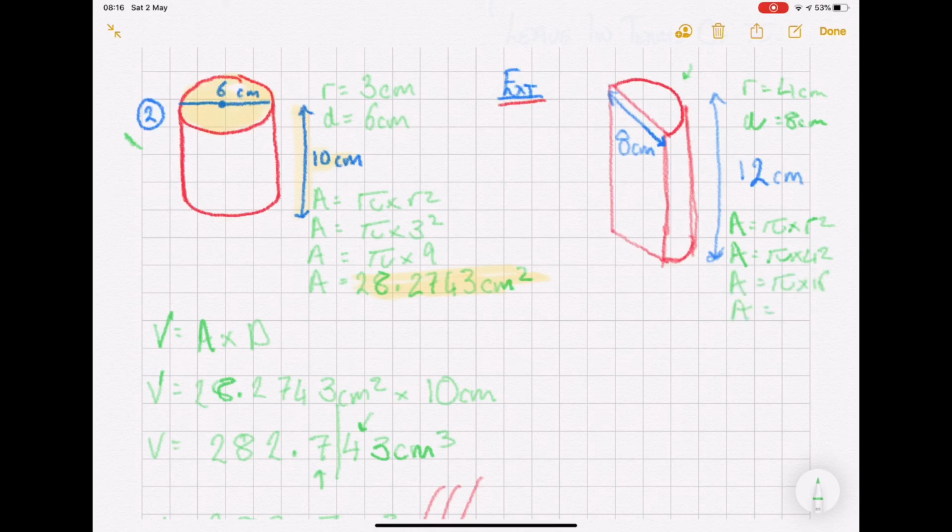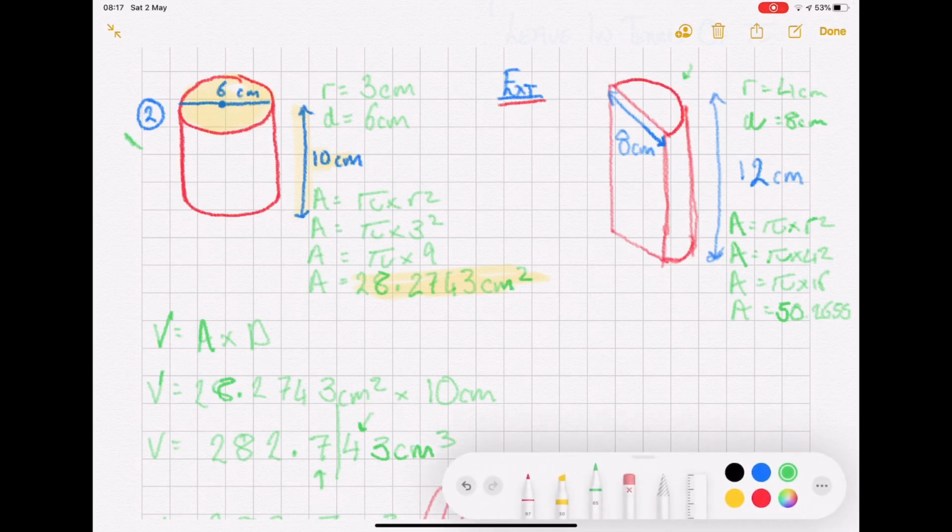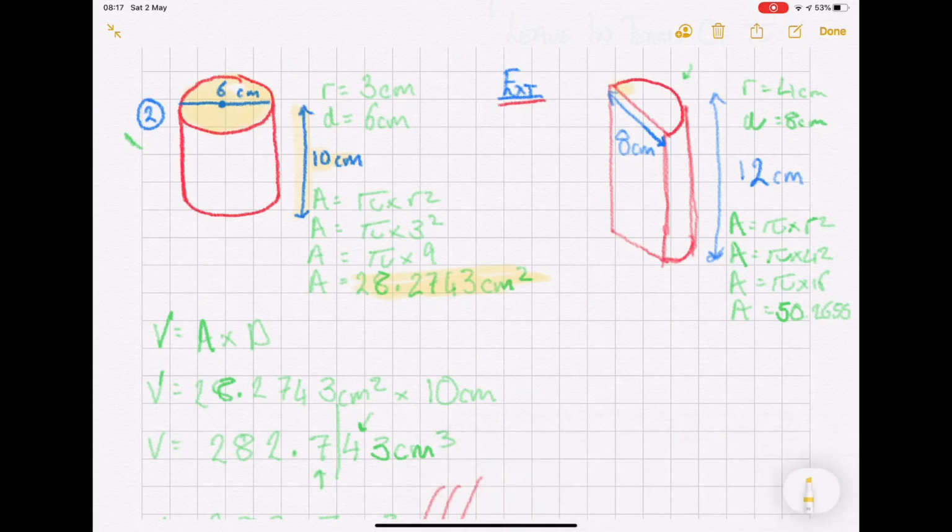Area equals, let's type that into our calculator, 16 times by pi. 50.2655. So that's the area of a whole circle, whereas our cross section is just a semicircle, a half circle.